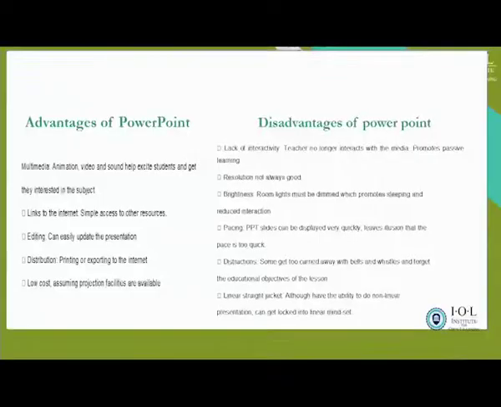And this requires brightness. We are saying there must be enough light in the room, and we are also saying when you are doing PowerPoint, the room must be kind of dark. I remember as a teacher, because our school doesn't have projectors, just to be ahead, I bought a projector.